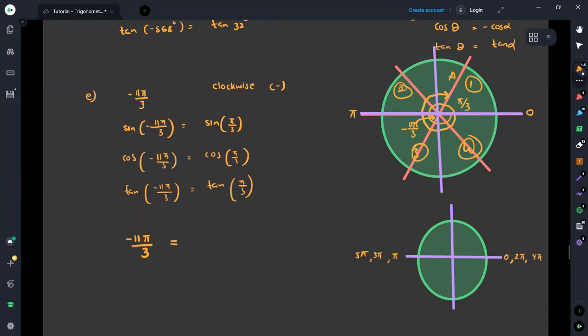Therefore, if you can write this minus 11 times π over 3 in terms of the odd or even multipliers of π, then we will be able to identify easily where this angle lies, whether it is in the first, second, third, or the fourth quadrant. Therefore, for this minus 11 times π over 3, if we are having this in the minus direction, then we may have this in this manner.